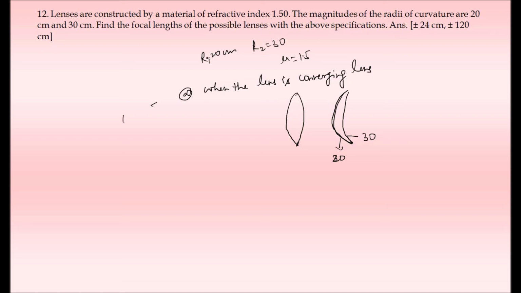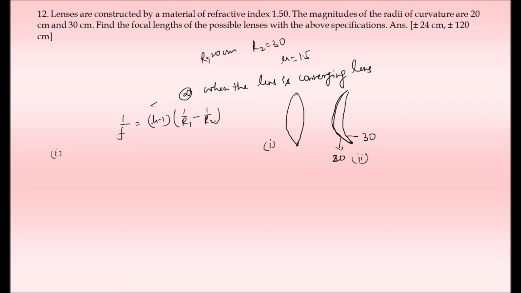So if we calculate the focal length, then by using lens maker's formula, 1 by f is equal to mu minus 1 into 1 by r1 minus 1 by r2. Now we apply it for these two cases. This is our case 1, this is our case 2.